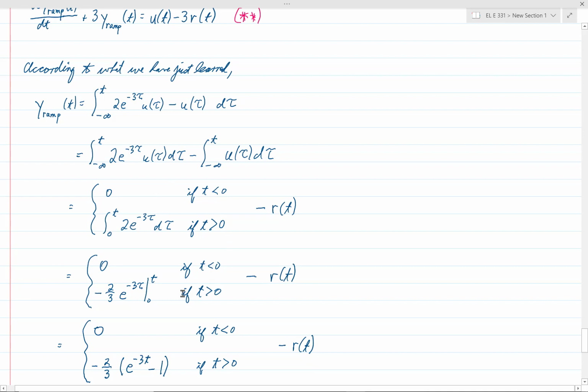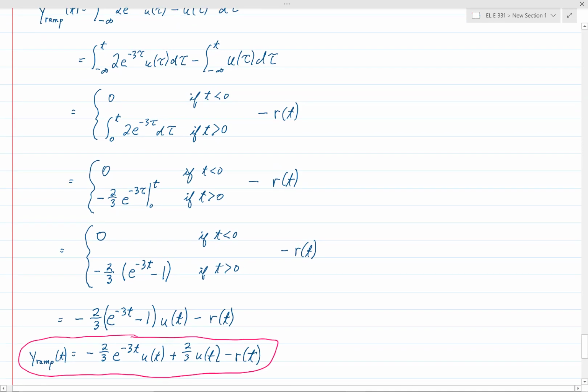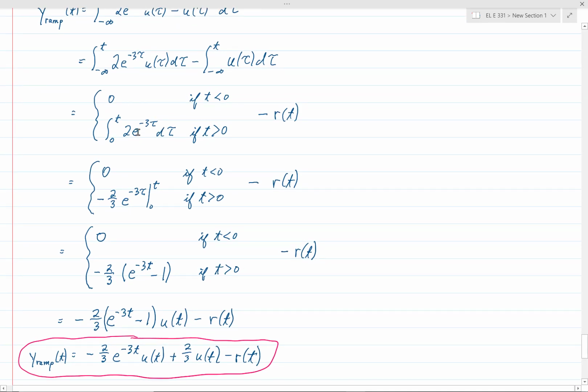Okay? And then bringing this down, e to the minus 3t, in order to integrate this, we're going to put a negative 3 on the inside and negative 1/3 on the outside. So we have, and don't forget this too, negative 2/3 e to the minus 3 tau from 0 to t, if t is greater than 0, 0 if t is less than 0, minus r of t.